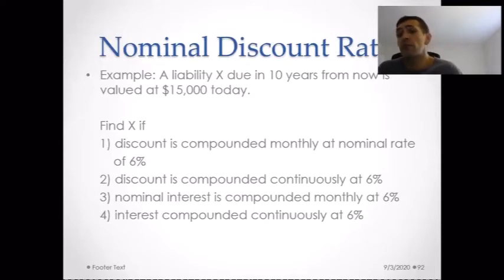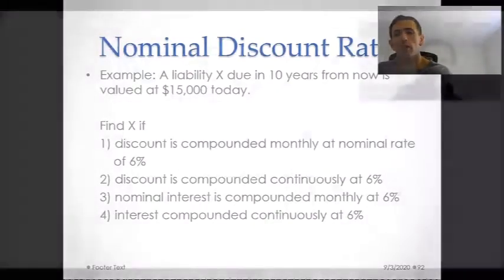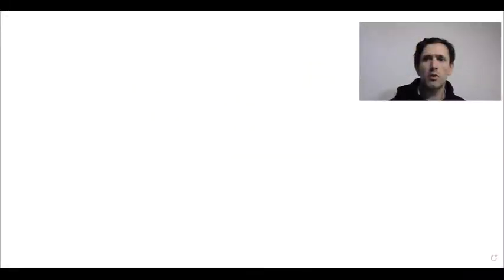There are enough differences in the answers for it to matter, absolutely. But for the purposes of taking an exam or quiz, if you do this and you get answers that differ in the thousands, you obviously did something wrong. Okay, so let's do 1 through 4, and in each, let's solve for the liability X. In 1, we're given that discount is compounded monthly, so m is 12.